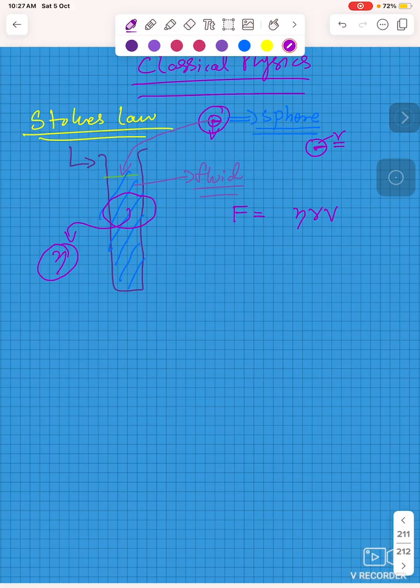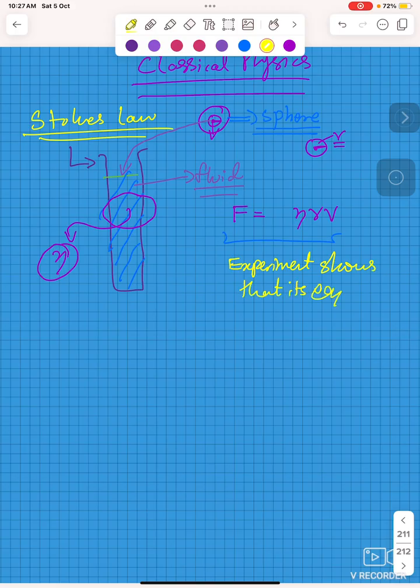Scientists, when they did the experiment, showed that it's equal to 6 pi.